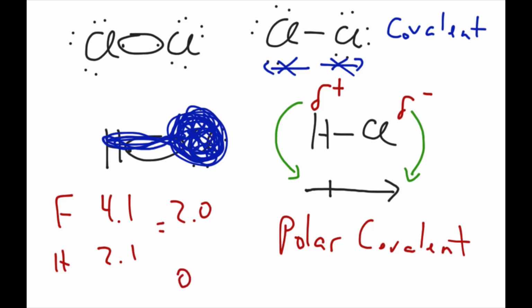I believe the number is that you want to be greater than 0.5 for this to be considered polar covalent. That's a textbook sort of number. It's a gradient, so it's more polar as it tends to hog the electrons more, and less polar if it doesn't. So I don't like really putting numbers to it, but it's up to you if you decide you want to do that.